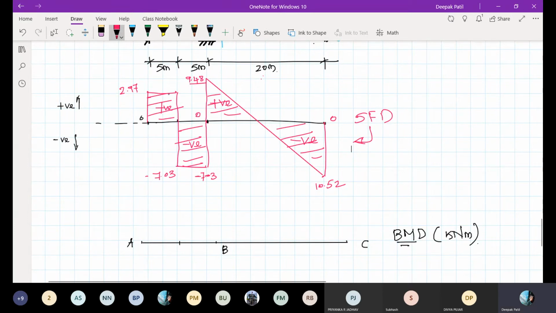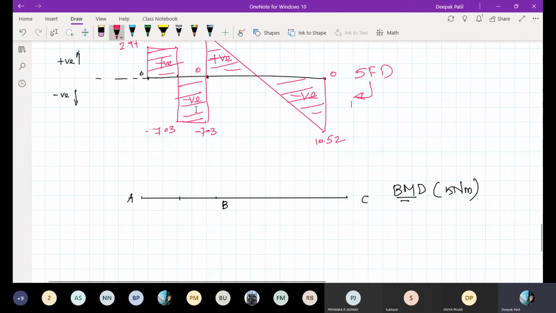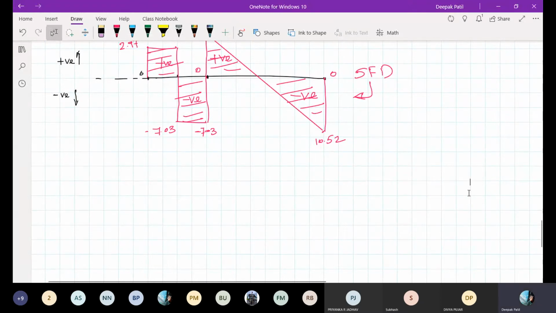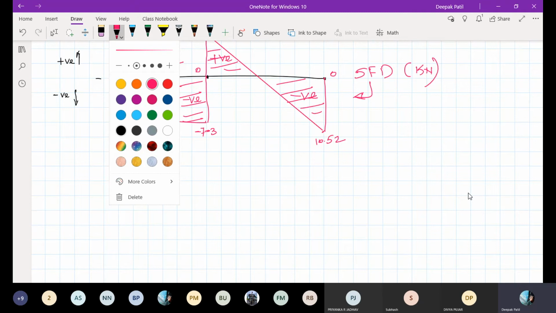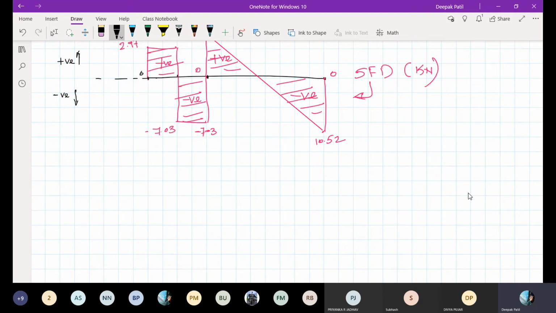Now similarly, I have to draw something called the bending moment diagram. First, let me just rub this part. And this shear force will always be in kilonewtons. Now let me draw the bending moment diagram in a similar way.